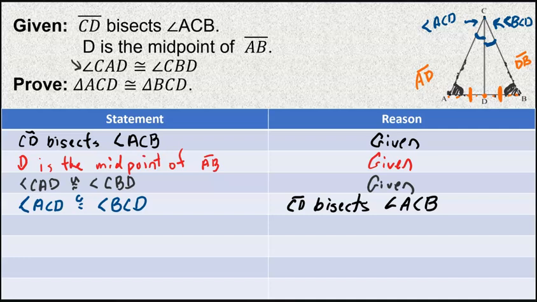So I can make that statement that line AD is congruent to line DB. And once again, I am just going to use the language directly from the given. So I directly copied the language of the given to my reason, supporting why AD is congruent to DB.